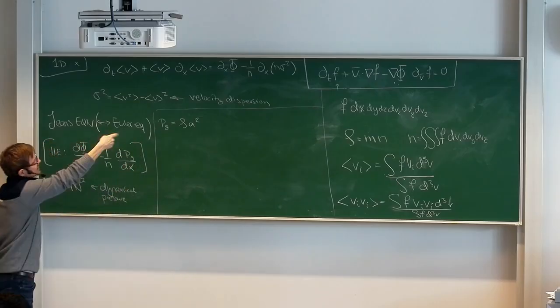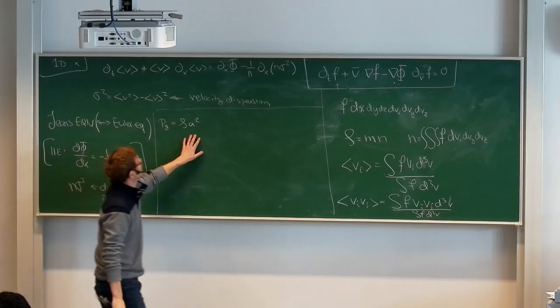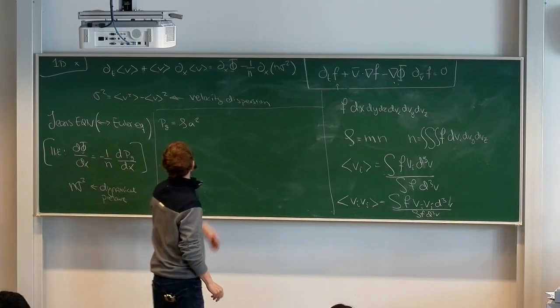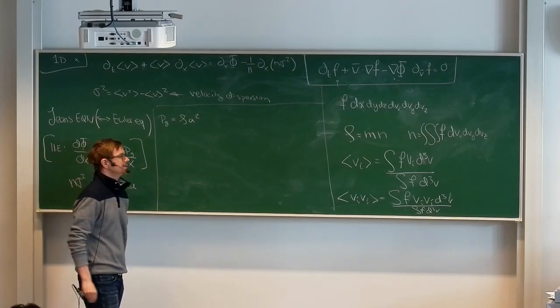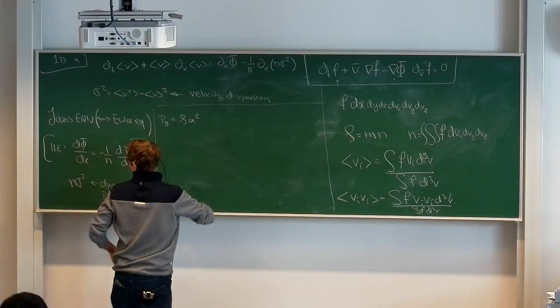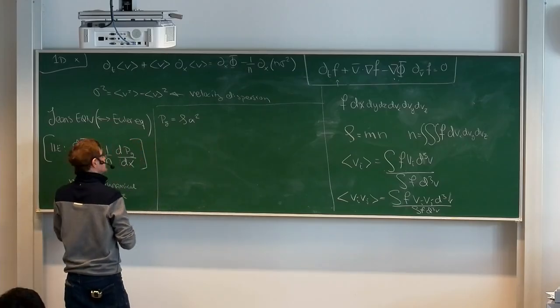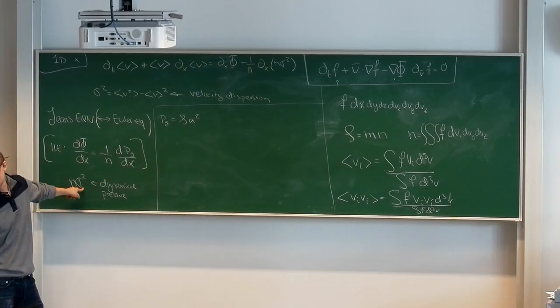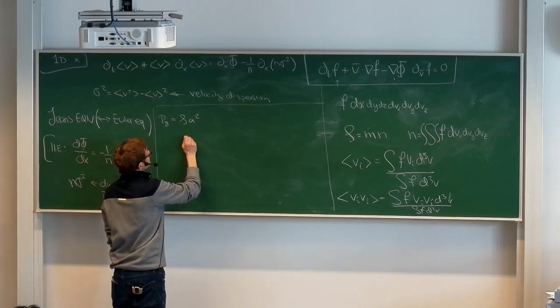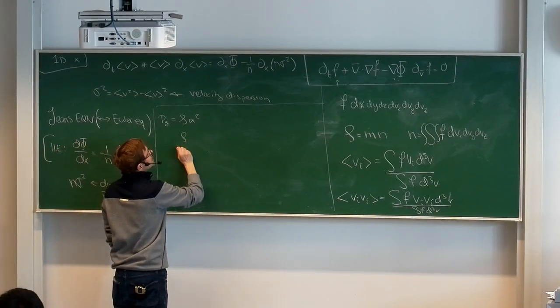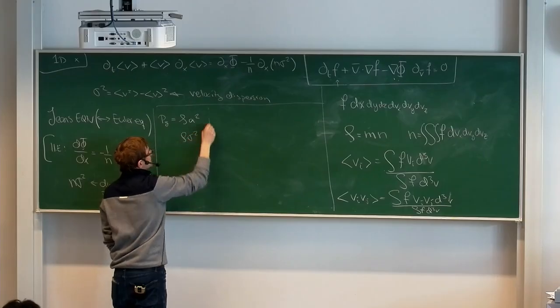So if we formulate this in terms of the mass density, we just multiply, and then we have the mass density there. Then we can see that indeed the dynamical pressure term has the same form. It's a density, so rho or n in this case, times sigma squared.